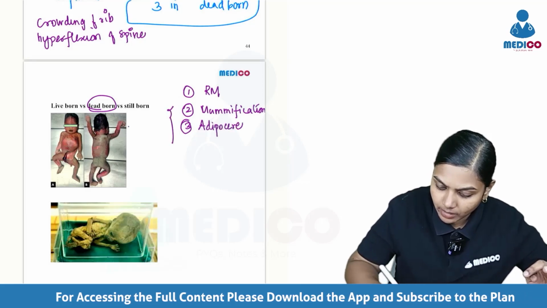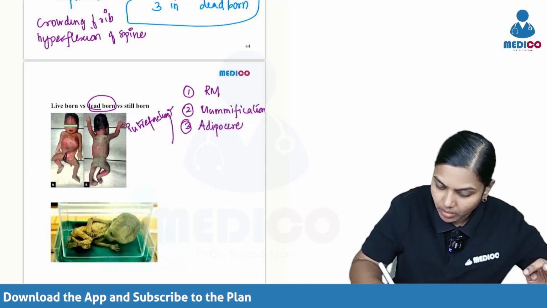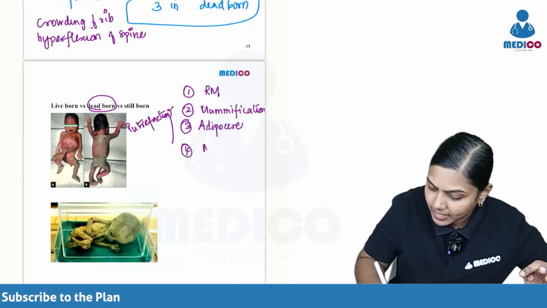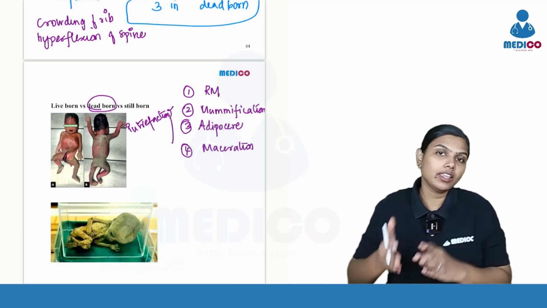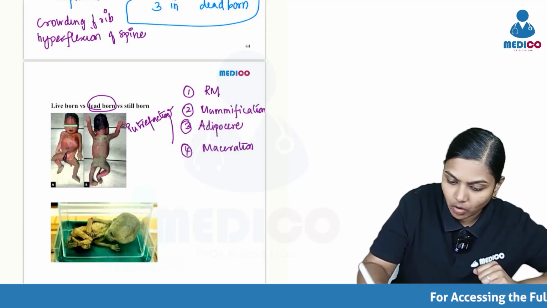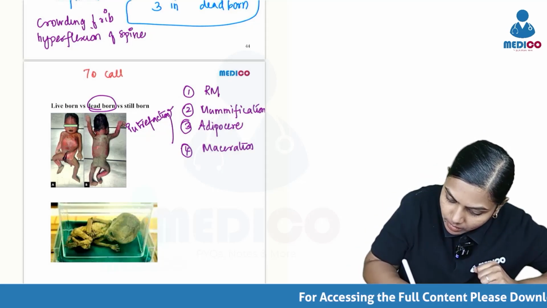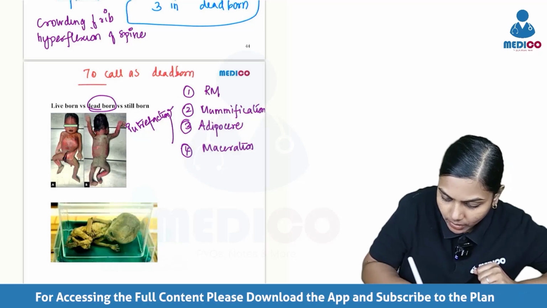These two together are putrefaction or maceration. If any of these is present, then we can call it a deadborn. It has to have any of these four features.